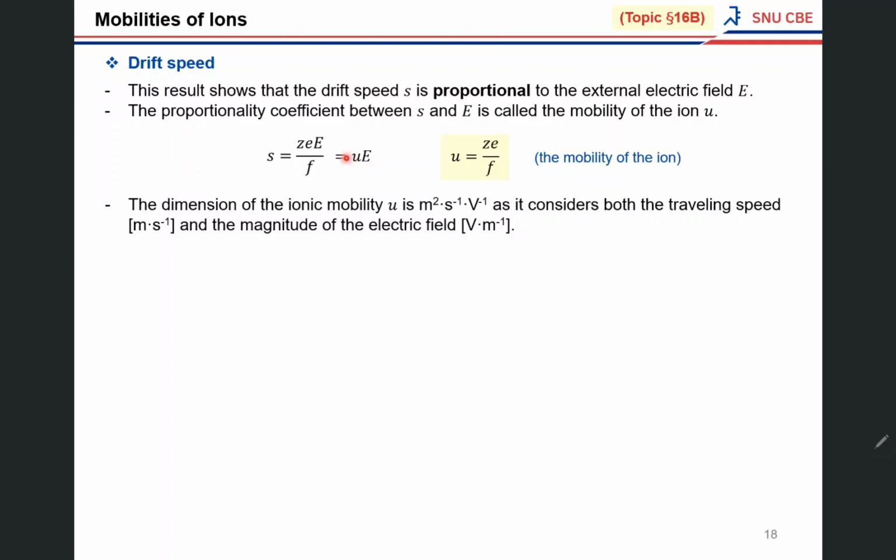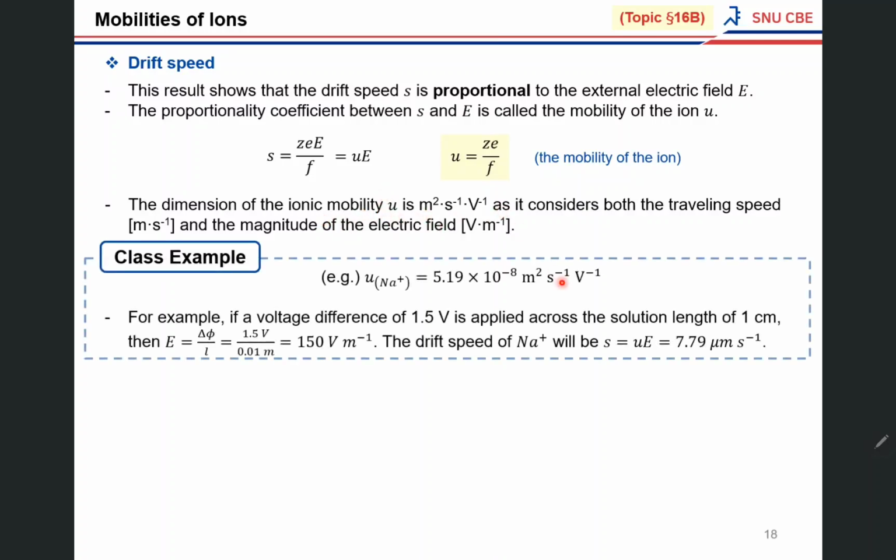From this equation of the force, we can find that u can be written as the ratio of Ze, the charge possessed by one ion, divided by the friction factor f. So ionic mobility u has this dimension.